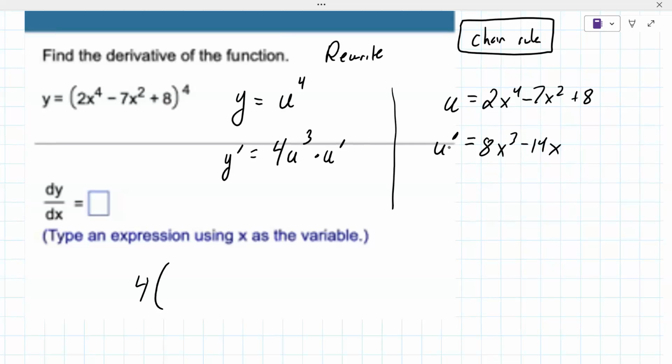So it's 4 instead of u, you put in the 2x to the fourth minus 7x squared plus 8, to the power of 3.